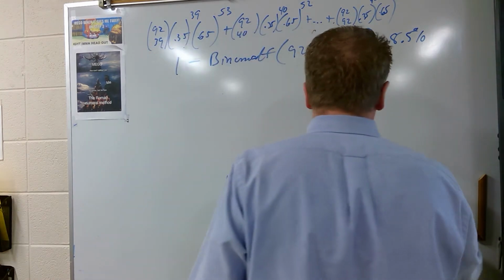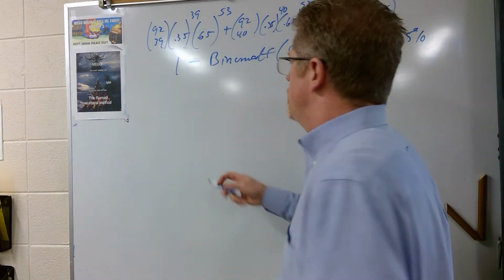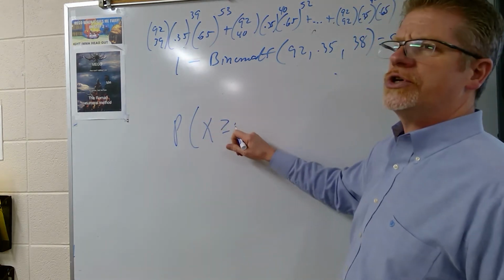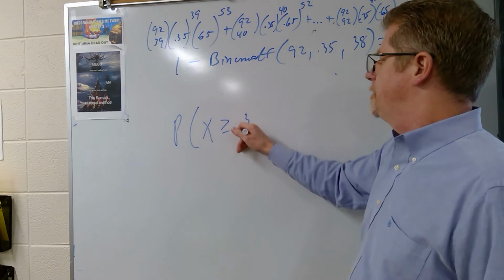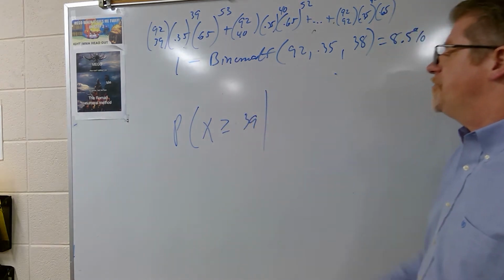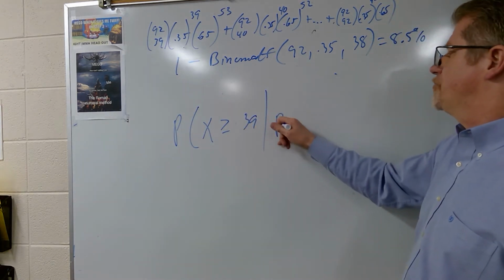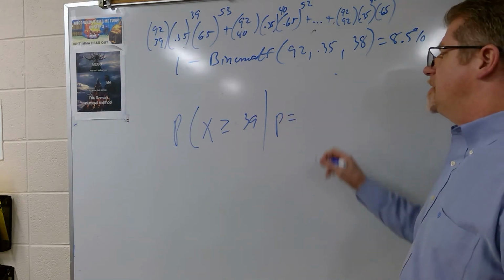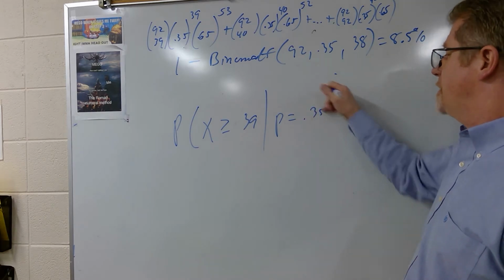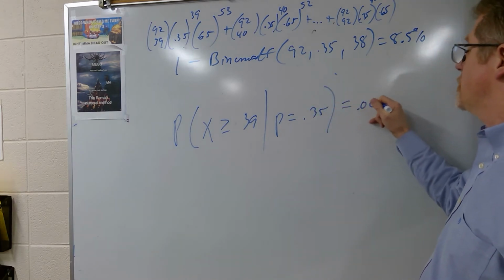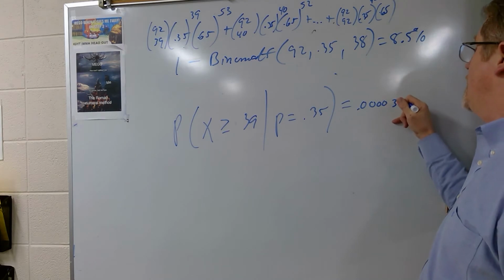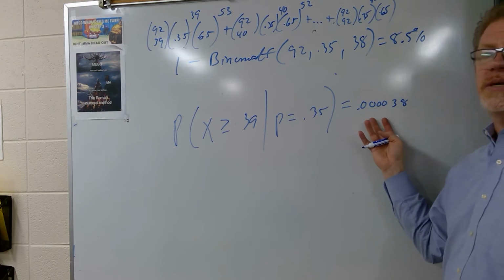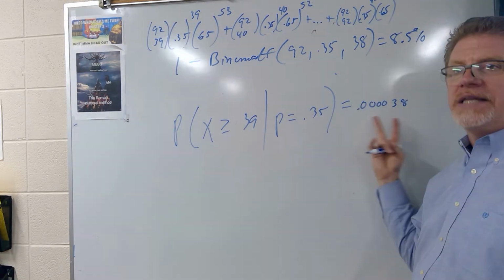What if we had been doing a study and the probability that we observed X greater than or equal to 39, given the probability is equal to, and this will be a different sample size, so I won't give you all the details, but what if this had come out to be 0.00038? What if the answer to the probability problem had been something minuscule like this?